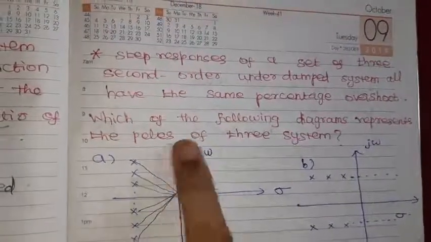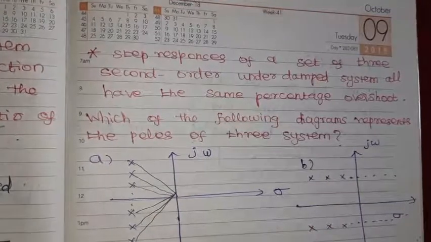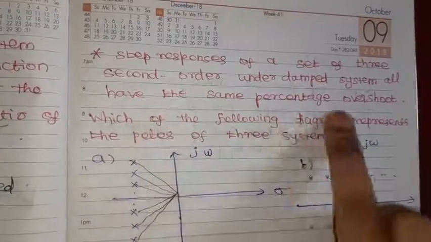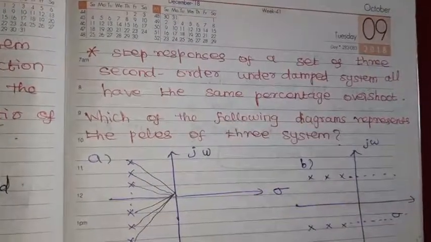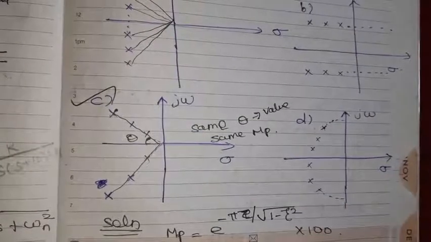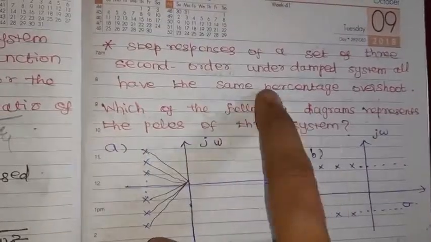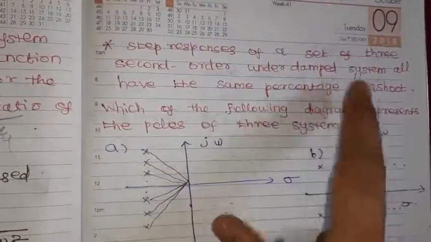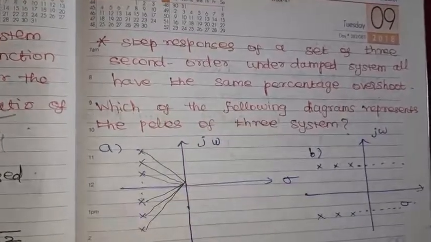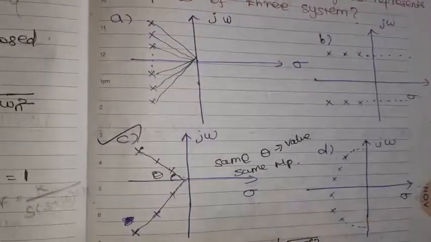Which of the following represents the poles of the 3 systems? We are going to find out which represents the poles of those 3 systems.